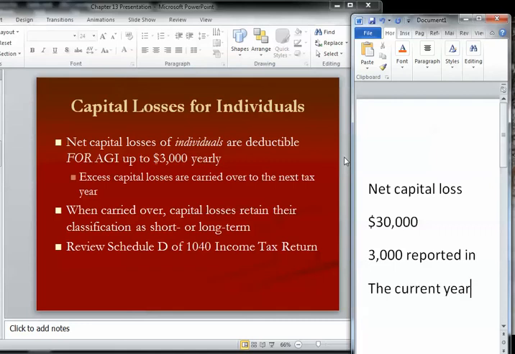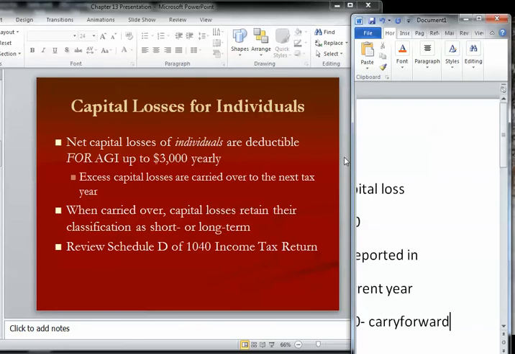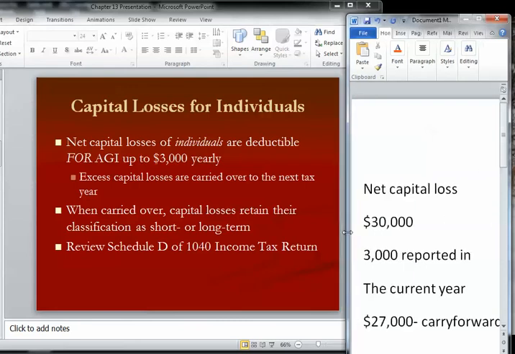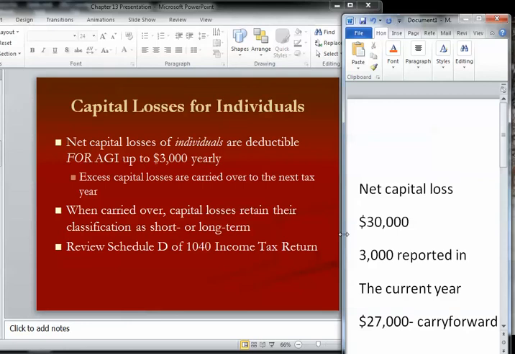That 3,000 is subtracted so that there's 27,000 that gets carry forward treatment. So original fact pattern, if you had just net losses of 30,000, you would take 3,000 this year, and you'd have 27,000 to use in future years.